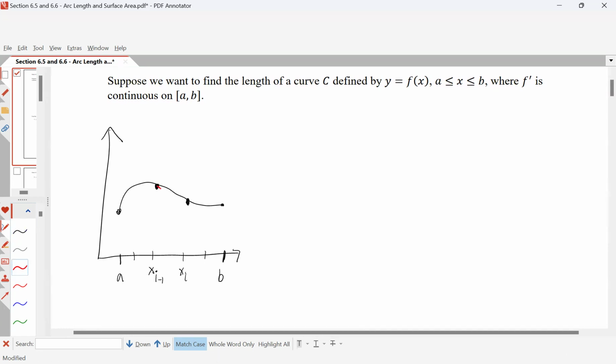Then, approximating the length of the curve on that interval would be the same as finding the length of this segment.